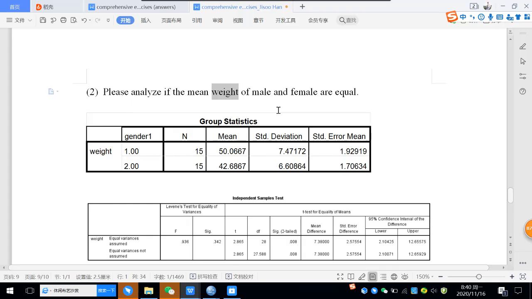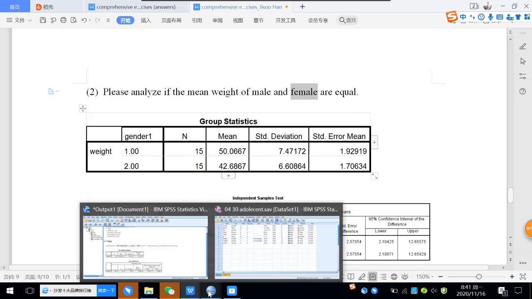And here, male is one group, female is another group. We have 2 groups. These 2 groups are independent, right? So we can use the independent t-test.